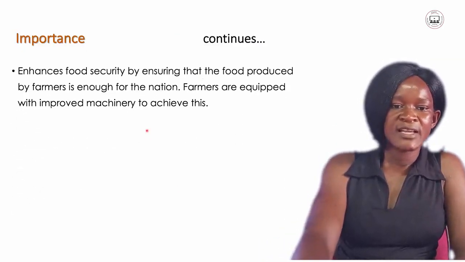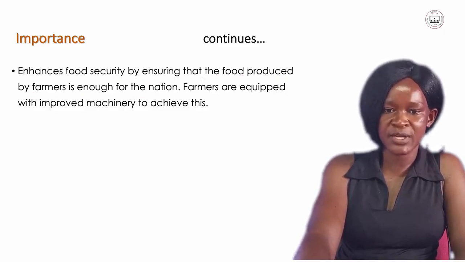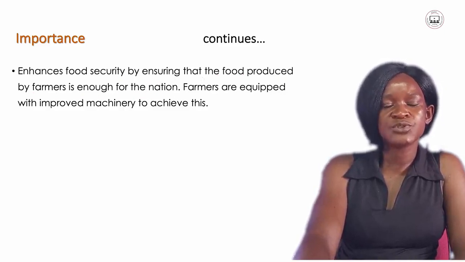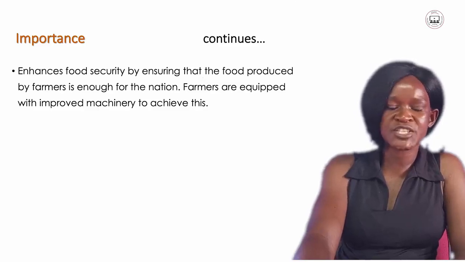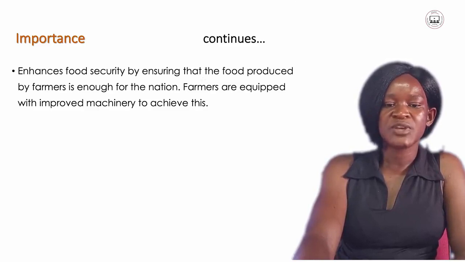Another one is that it enhances food security by ensuring that the food produced by farmers is enough for the nation. We have mentioned the use of tools, equipment, machinery, and many others. Those equipment as well as machinery make the work very fast.